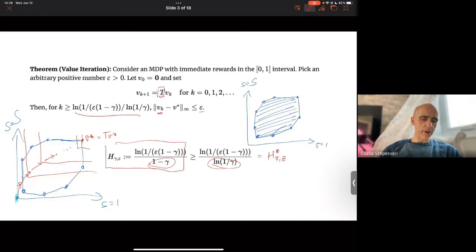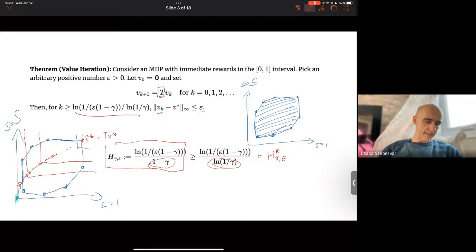This is an upper bound on the other one, but the difference between the two is really small compared to 1 over 1 minus gamma. As gamma goes to 1, the difference becomes negligible compared to 1 over 1 minus gamma.